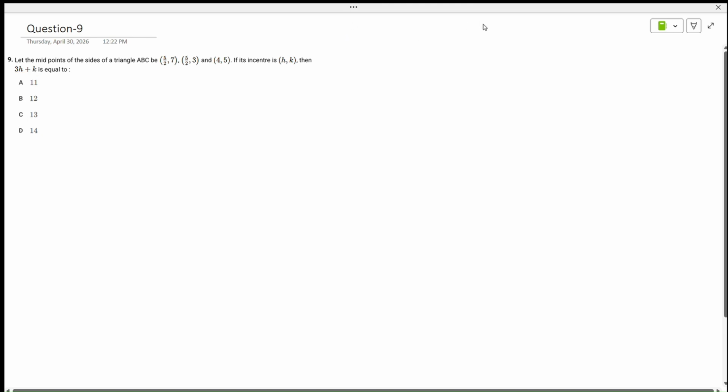So let us draw a triangle where this is A, B, and C. And let us assume the midpoints of ABC are D, E, F, where D is 5 by 2 comma 7, E is 5 by 2 comma 3, and F is 4 comma 5.